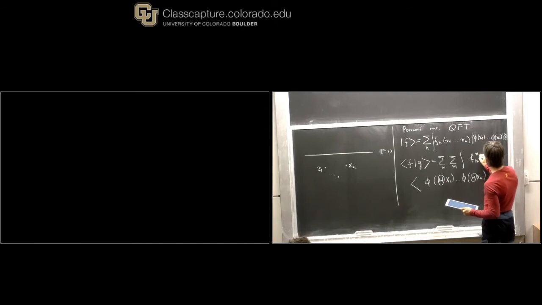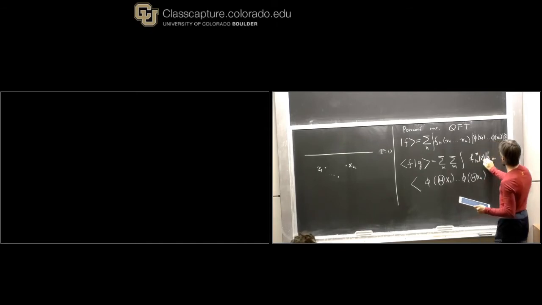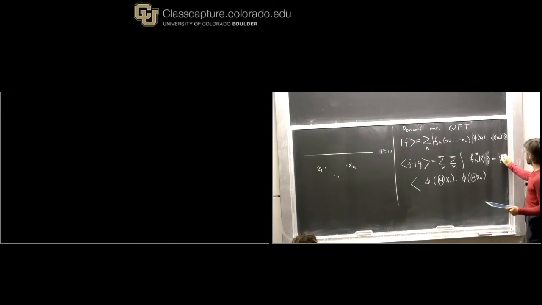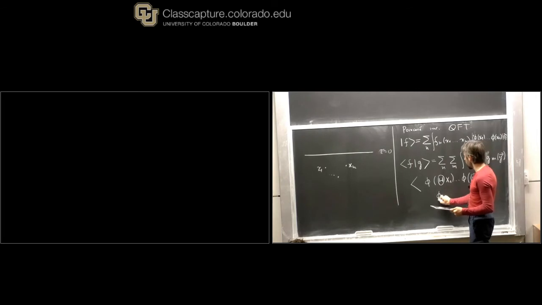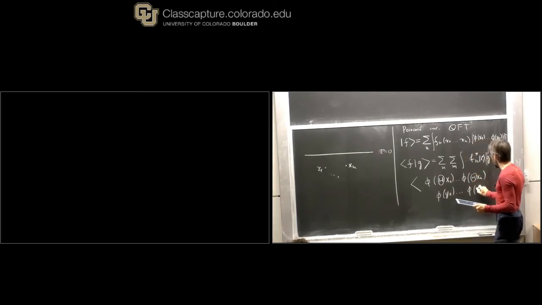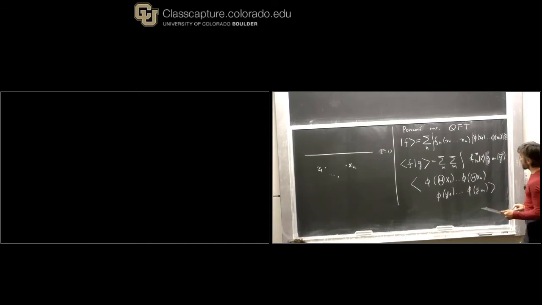Fn depends on x's, and Gm depends on y's, and so here I also have phi of y1 ... phi of ym. This is the assumption of reflection positivity.